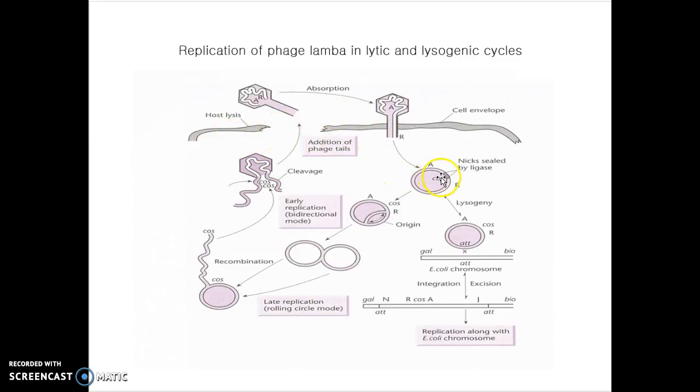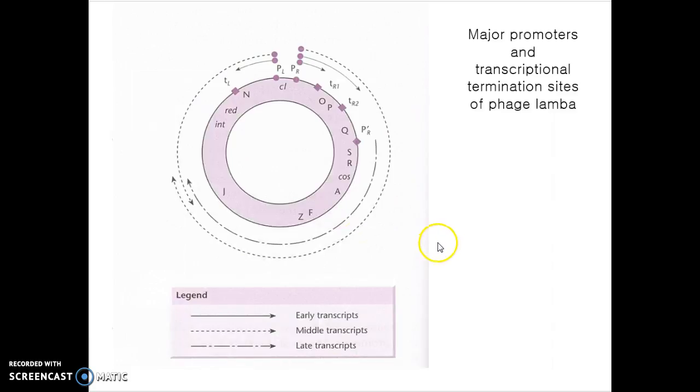So the initial gene regulation determines the phase of this newly introduced phage DNA, either lysogenic or lytic. There are three different transcripts initiating from PL and PR.